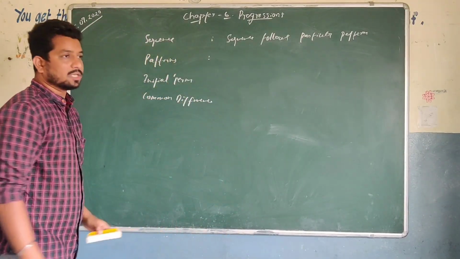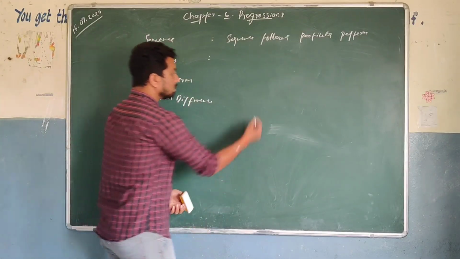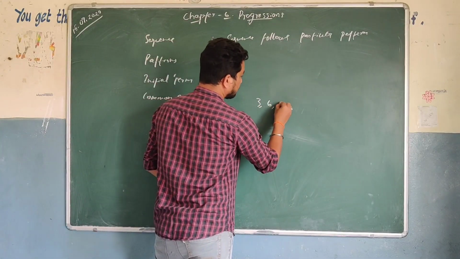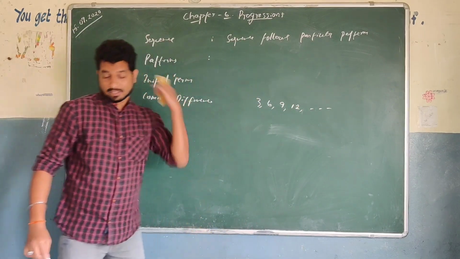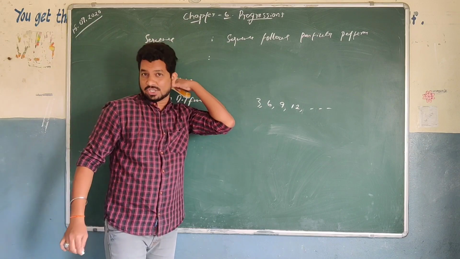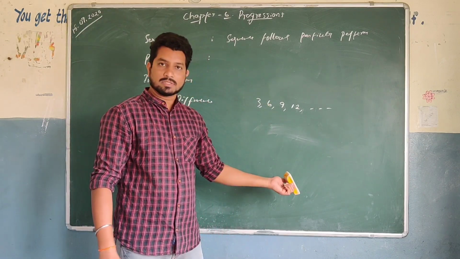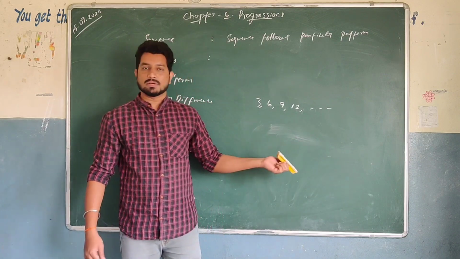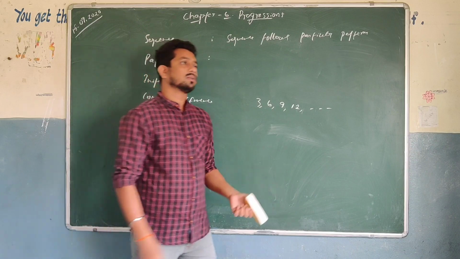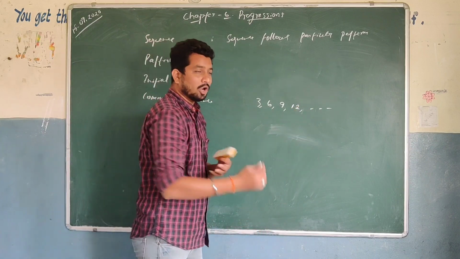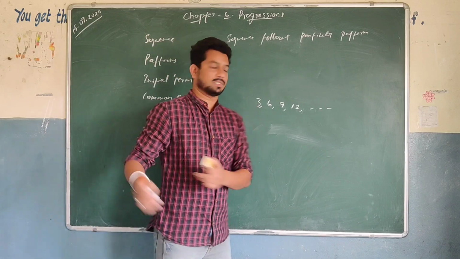Next, initial term. What is initial term in progressions? 3, 6, 9, 12, and so on. Here, we will always have a set of numbers, whether prime numbers, natural numbers, real numbers, odd numbers or whatever, and there will always be a starting point, right? A starting point will be there for every set of numbers.